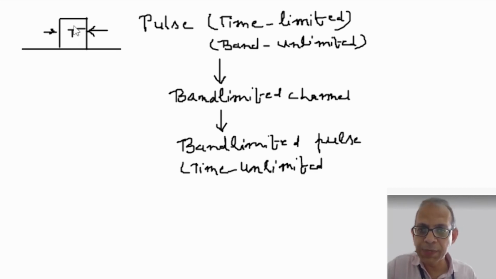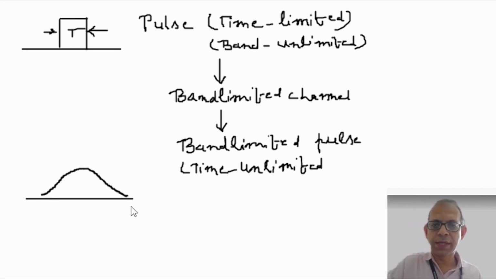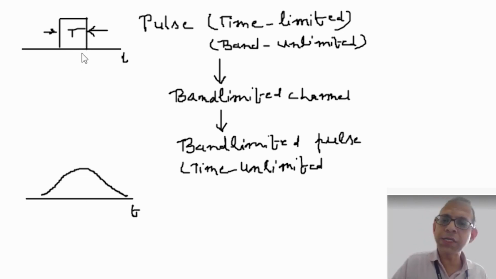That means when you have transmitted this pulse, what we receive at the output at the receiving end is not this rectangular pulse, but it has already spread in time because of the band limiting of the channel. And because this pulse is now occupying more time than capital T, and we are not just transmitting one pulse, there is another pulse we are also transmitting.